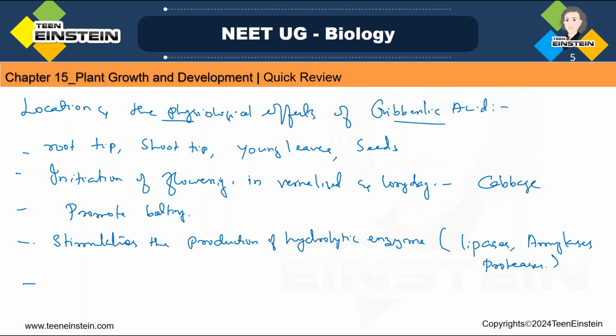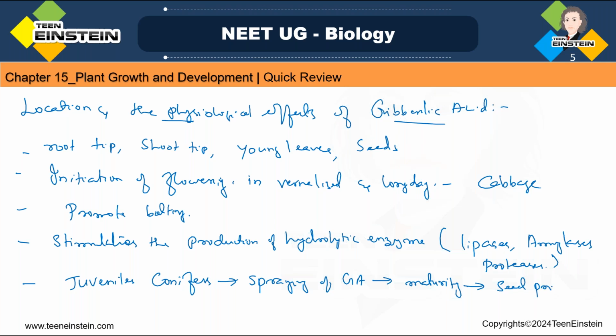Okay, in juvenile conifers, spraying of gibberellic acid or gibberellins hastens the maturity, makes the maturity period very fast, and that's how it is moving to seed production.